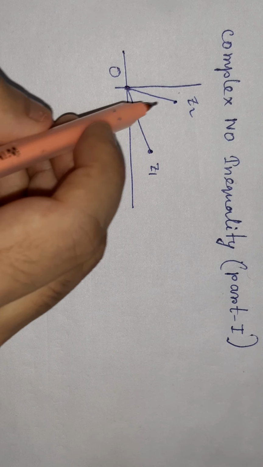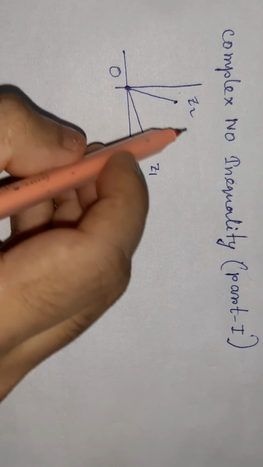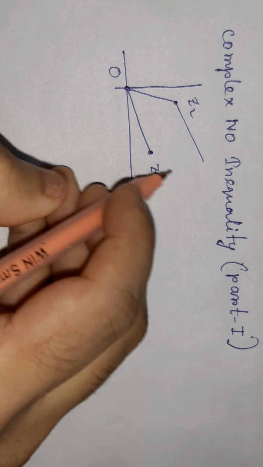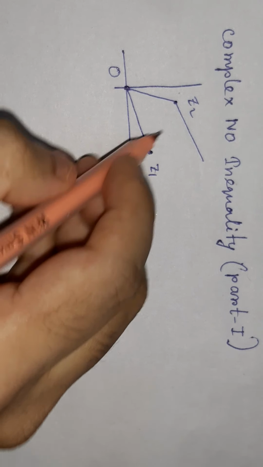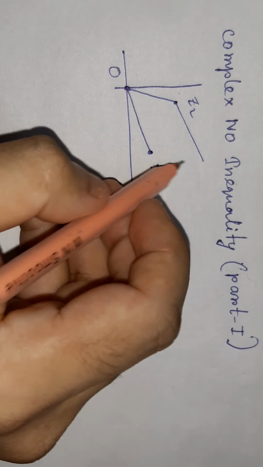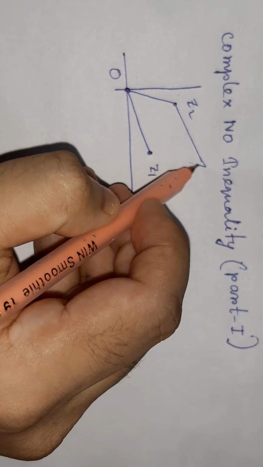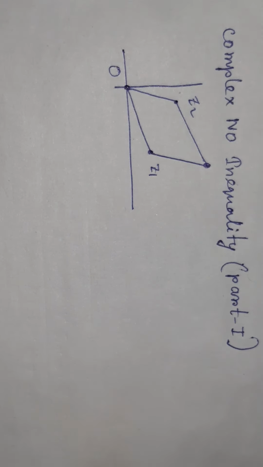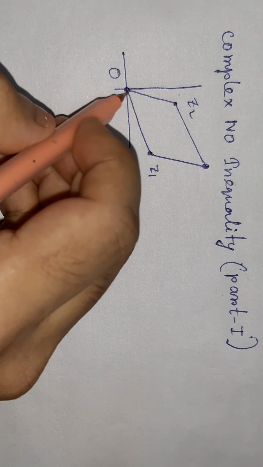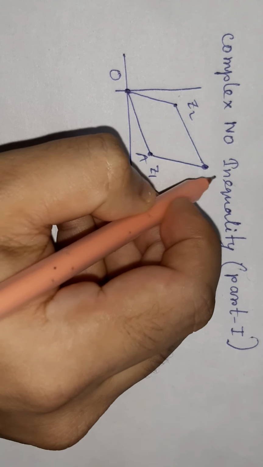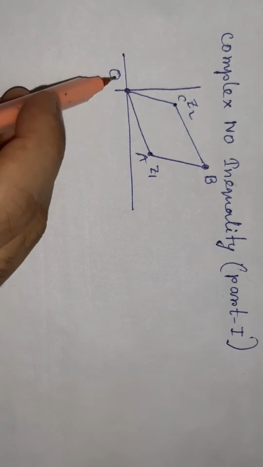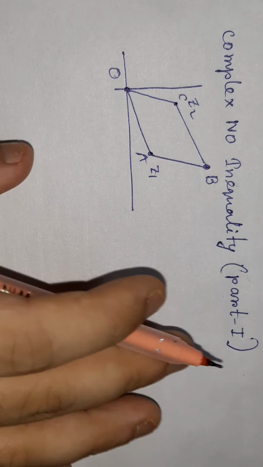Taking a line parallel to OZ1 from Z2 and a line parallel to OZ2 from Z1, they meet each other at some point. You can name these coordinates O, A, B and C. So these make a parallelogram OABC.